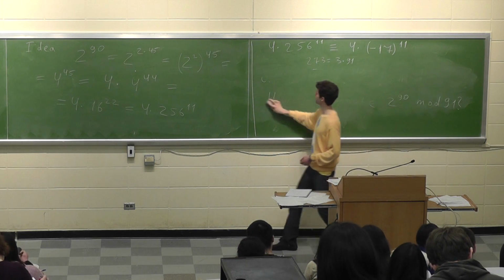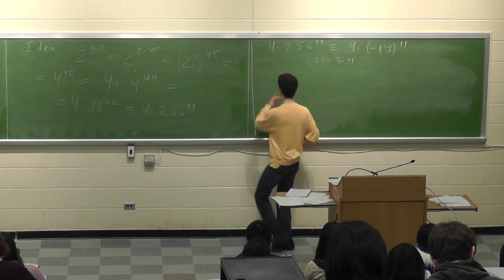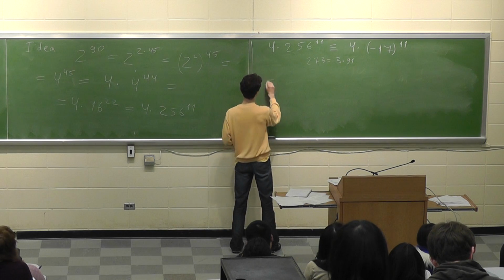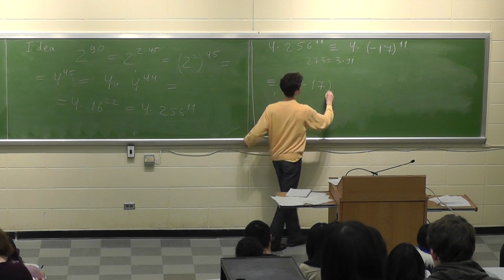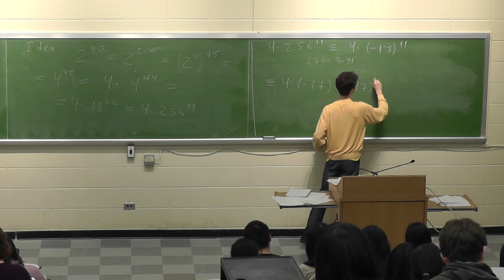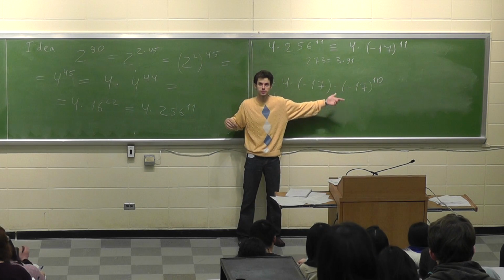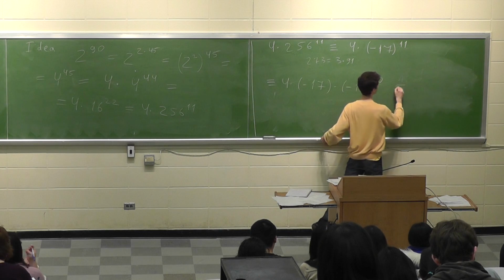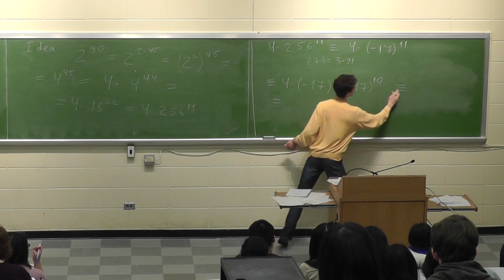Well, let's continue. Once again, I want to apply the same trick. So rewrite this as 4 times negative 17 times negative 17 to the power 10. And now 10 is twice 5.